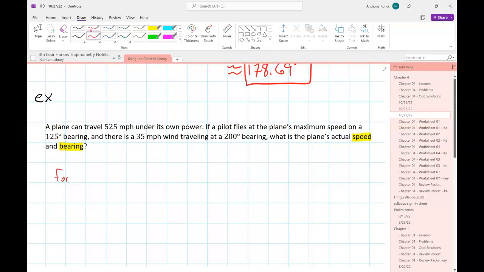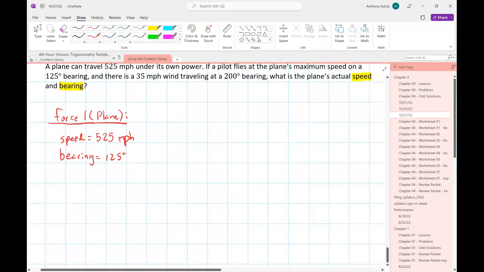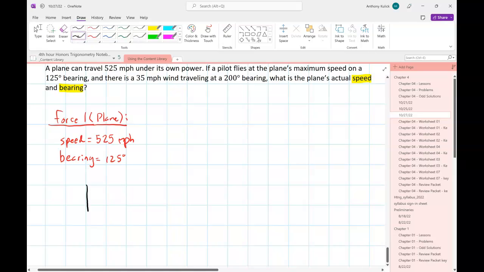I'll call these guys forces. So we'll call this force 1, which is going to be the plane. So the speed there for the plane is 525, and the bearing is 125. Do we want a bearing though? No, thank you. What do we want instead?